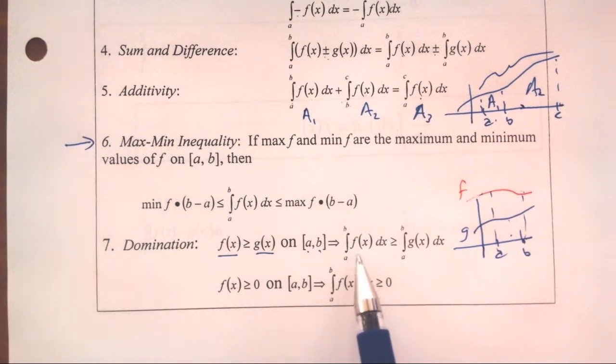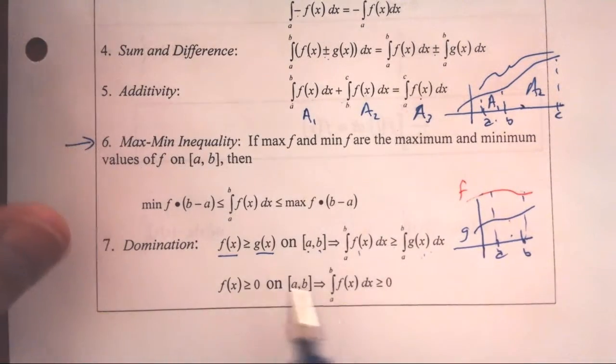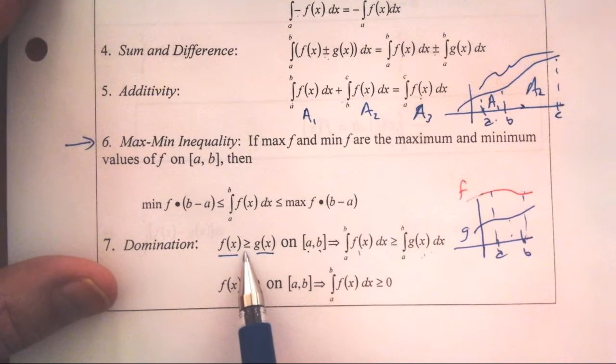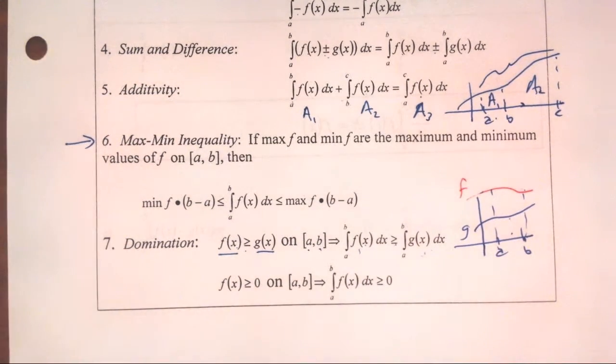Of course it means that. The area under F has to be greater than the area under G. And of course the opposite of that would be true as well. So if f was less than g, then this would be less than that.